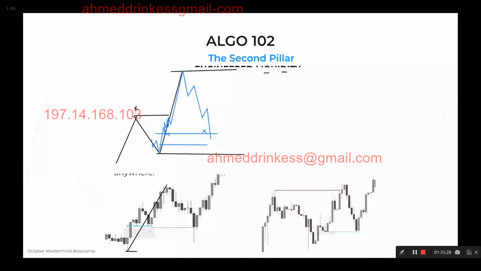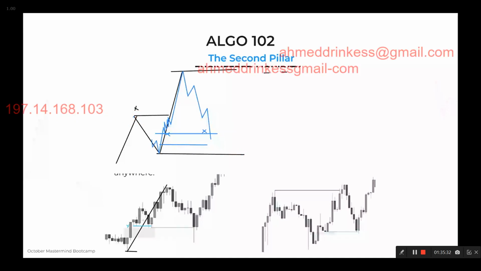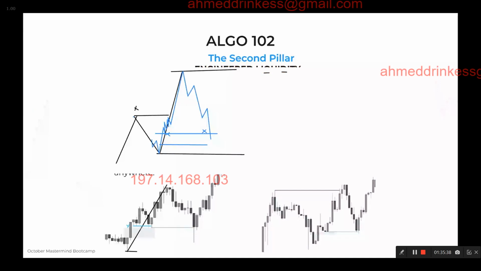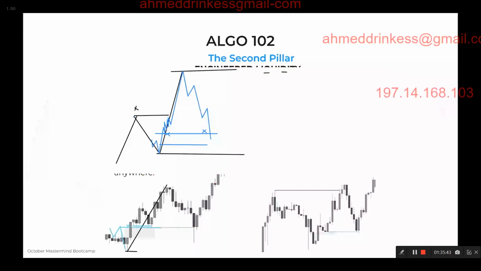When this point occurs, it will either mitigate nothing. It'll just sweep liquidity to engineer a quick move that becomes liquidity in the future, or it'll mitigate a higher time frame order block to keep going. One of the two is going to happen, but regardless, the point remains the same. It needs to be liquidated.